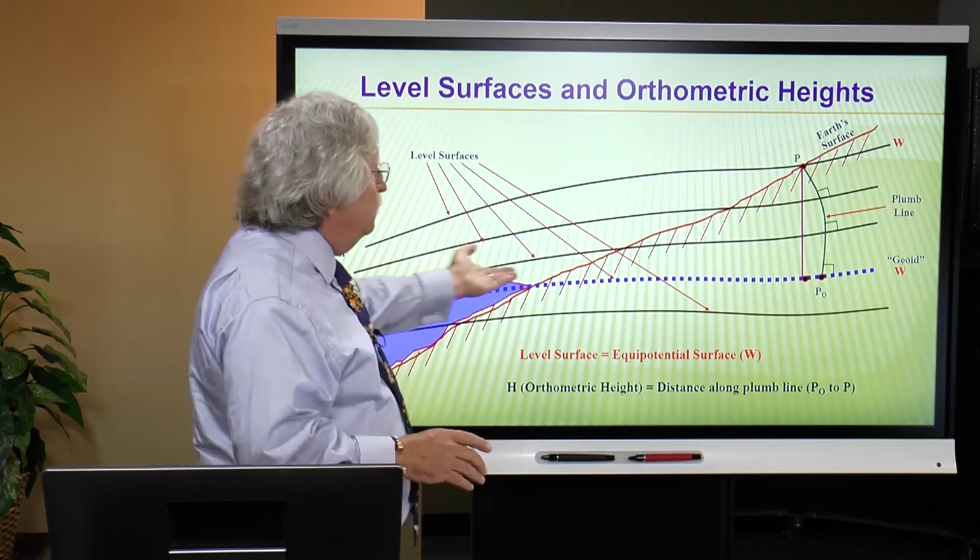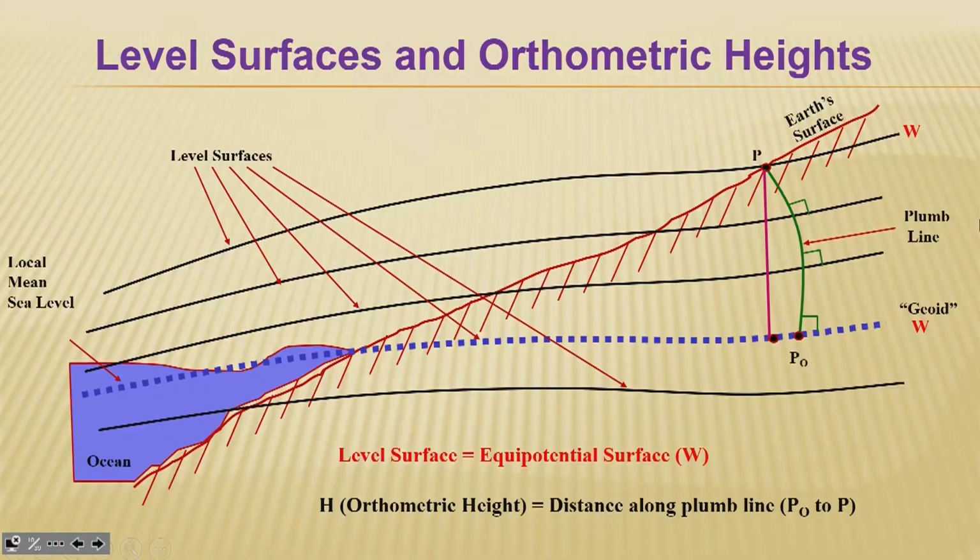And this dotted blue line here is referred to as the geoid. We might also be thinking of it as the surface that defines our vertical datum, in this case, the North American Vertical Datum of 1988. And that is defined as the height of a specific benchmark at the mouth of the St.